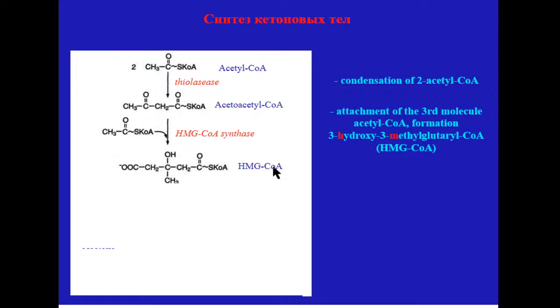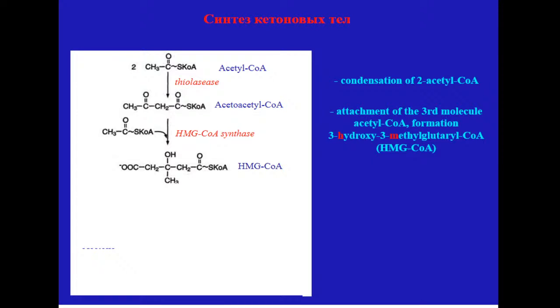The substance that is formed by the action of HMG-CoA synthase is named 3-hydroxy-3-methyl-glutaryl coenzyme A. Or, as you remember, the number 3 can be changed to the letter beta if you use the Greek alphabet for numeration of the atoms in this acid.